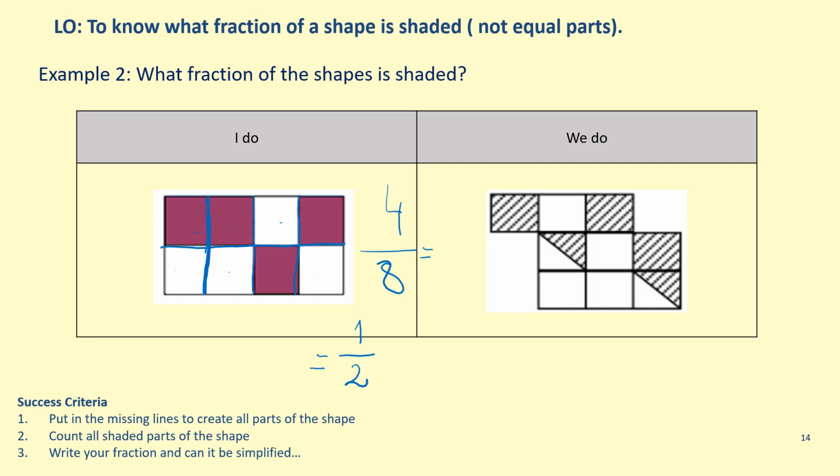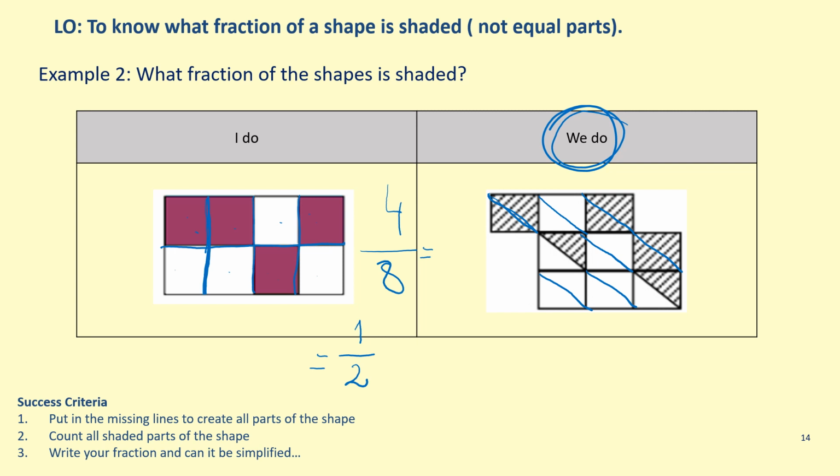Now, pause this video and attempt we do. Okay, so this one is a little bit more tricky, but we can split it into these equal triangles. So we can see that now we split the whole shape into equal triangles.